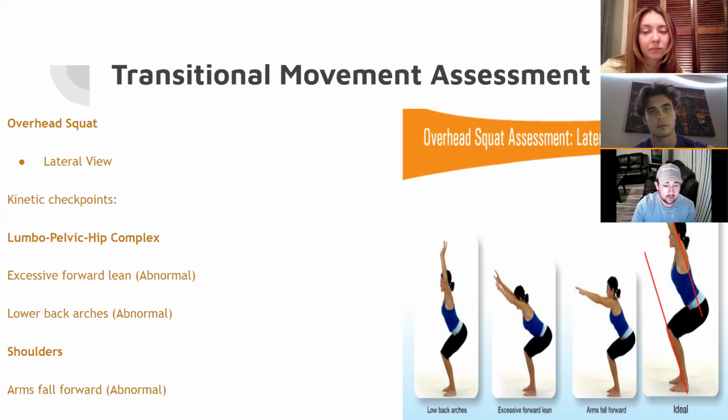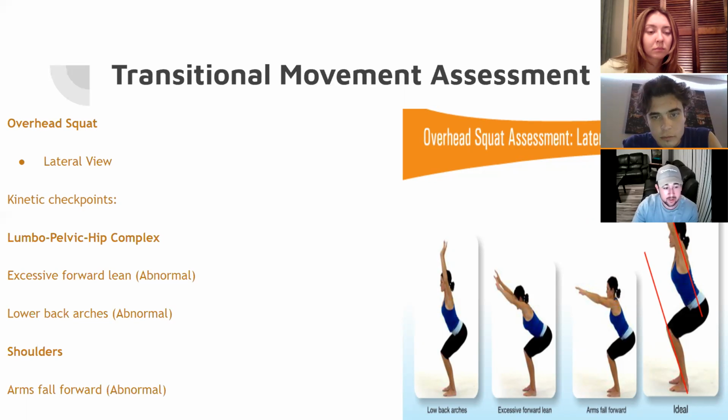And then we have the lower back arching and underactive muscles such as the hamstring and overactive being the hip flexor complex.